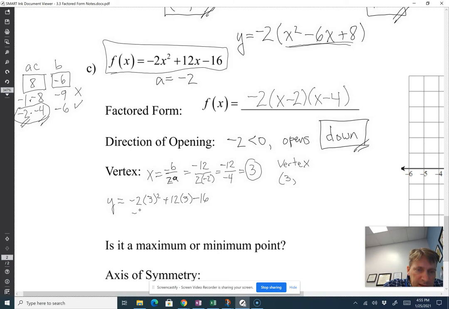And this gives us negative 2 times 9 plus 12 times 3, and 12 times 3 is 36 minus 16. And negative 2 times 9 is negative 18 plus 36 minus 16. And do a little number crunching here. Just plug it into your calculator if you want. And that would give you 2.